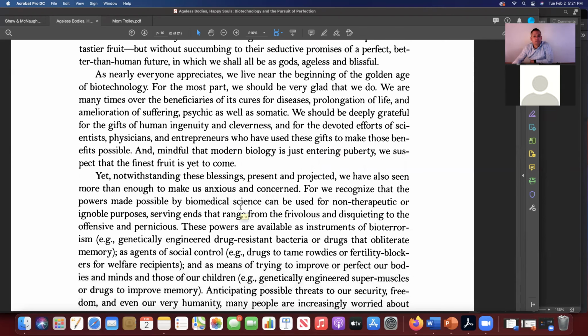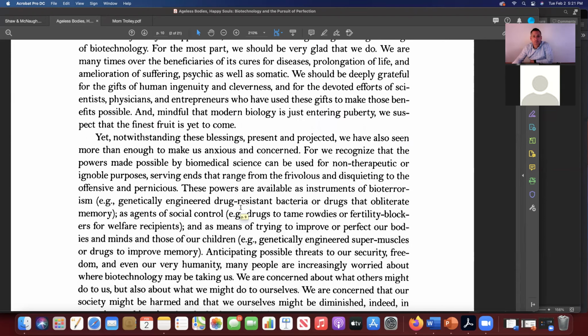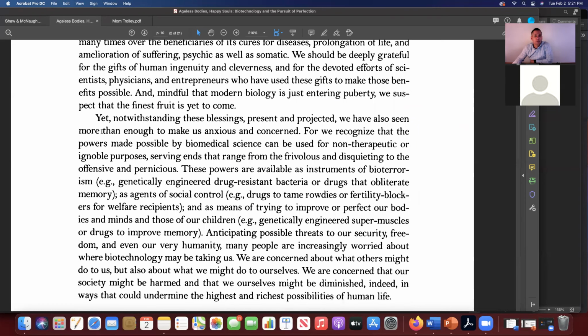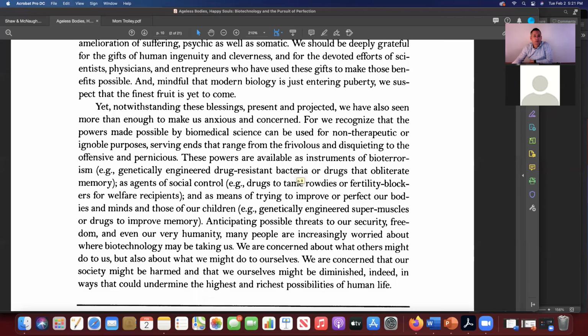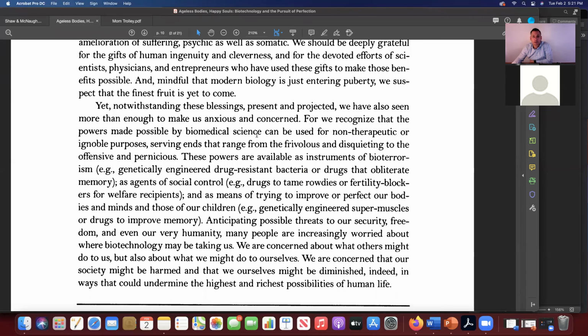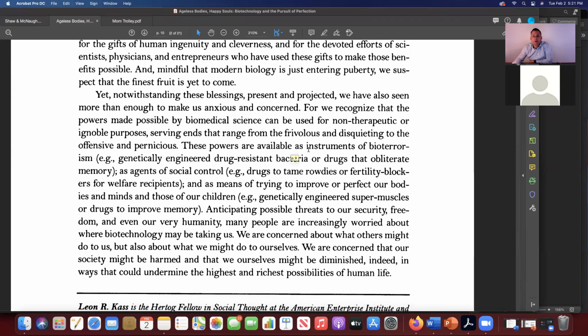Okay. Yet, notwithstanding these blessings, present and projected, we have also seen more than enough to make us anxious and concerned, for we recognize that the powers made possible by biomedical science can be used for non-therapeutic or ignoble purposes, serving ends that range from the frivolous and disquieting to the offensive and pernicious. These powers are available as instruments of bioterrorism, for example, genetically engineered drug-resistant bacteria or drugs that obliterate memory.